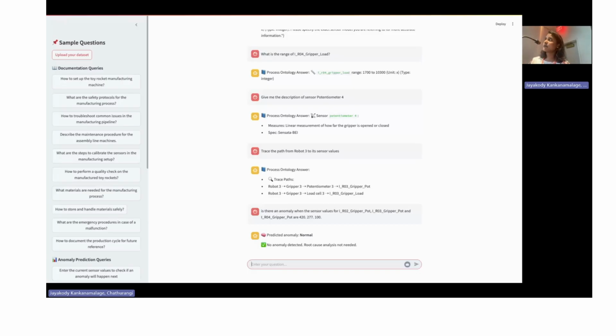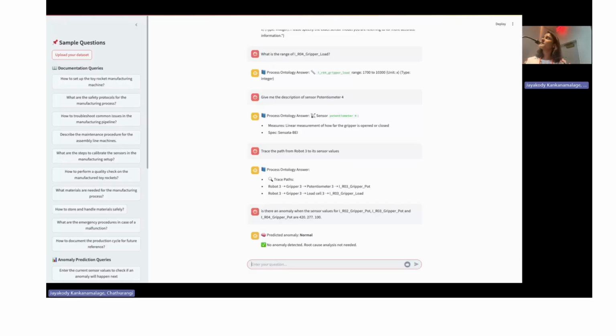And also the smart manufacturing knowledge graph that we have developed. We have used general standard design patterns and sensor specifications. Most of the manufacturing industries in this world obey these concepts, like SOSA concepts and other semantic web concepts.